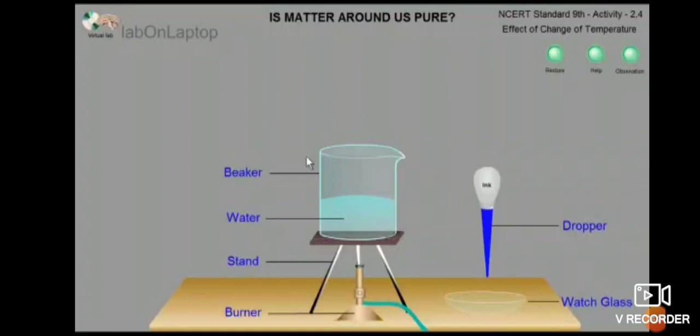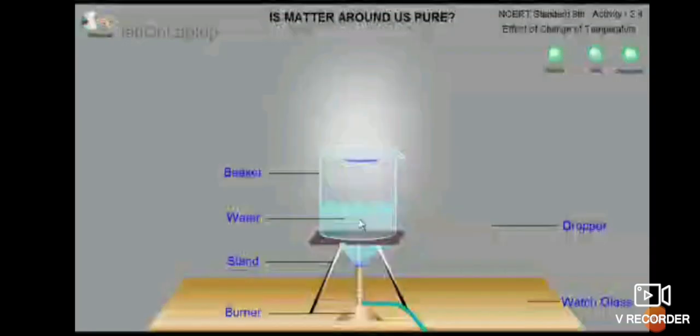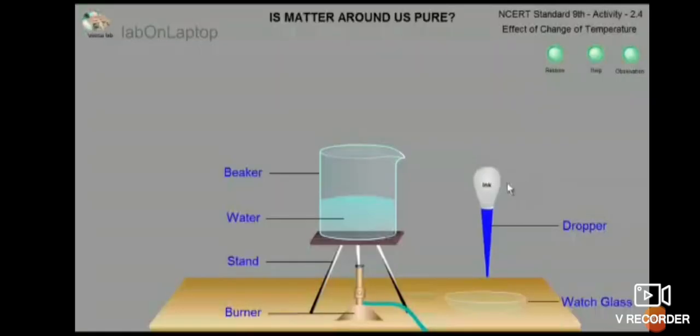Okay students, let us start the activity. Here the dropper is filled with ink. If you click on the dropper, it will release the ink into the watch glass.